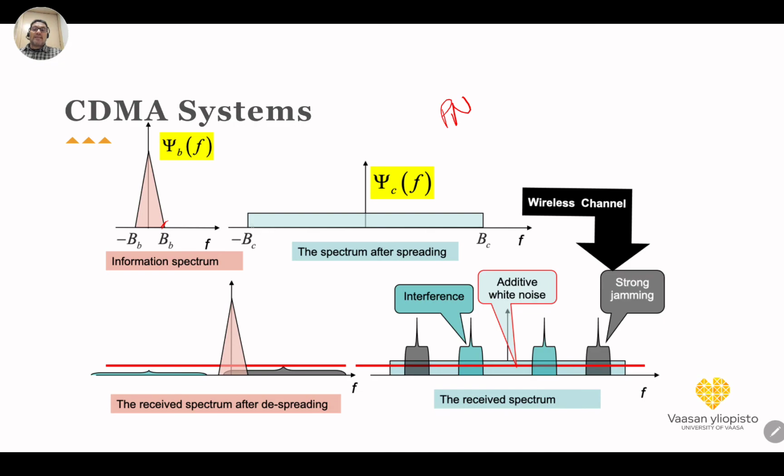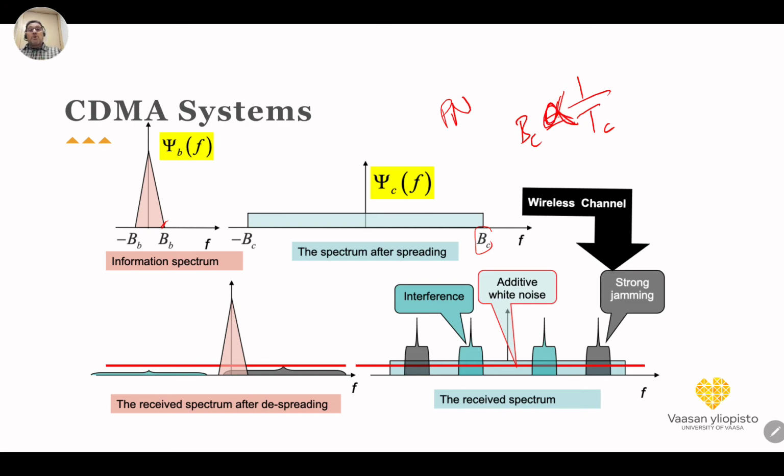So it is white in this way, but of course it will not continue to infinity, only up to BC. What is BC? BC is related to, or you can say equal to, 1 over the chip rate of the code.